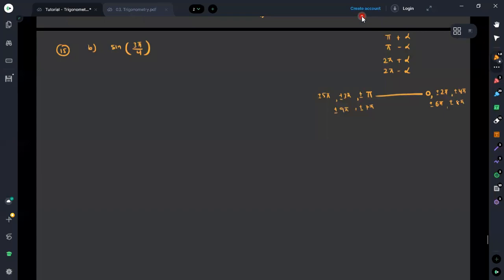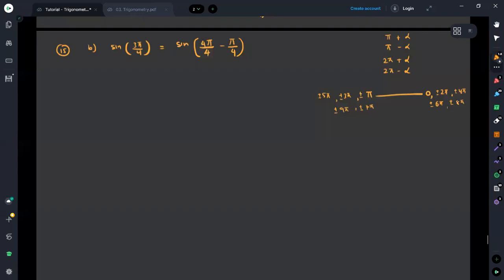Here we can write this as sine 3 pi over 4. We can simply take it as 4 pi over 4 minus pi over 4. Taking this subtraction into consideration, we can simply take this as sine 3 pi over 4.